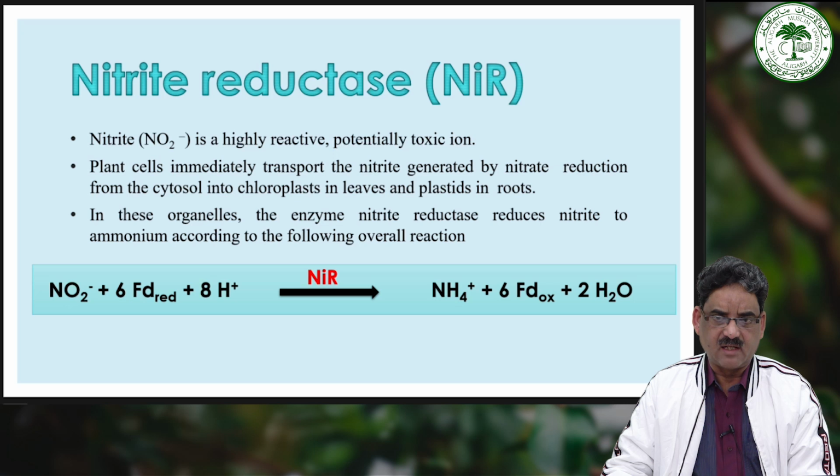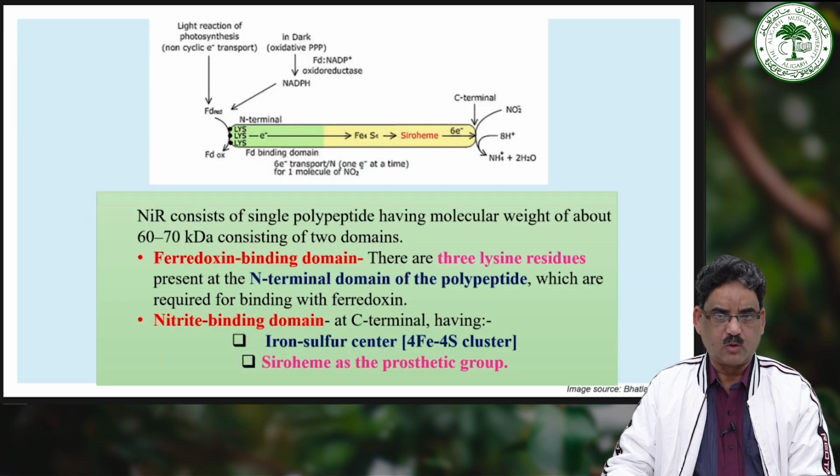Ferredoxin serves as an electron carrier in this reaction, shuttling electrons to and from the nitrite reductase enzyme. Through this process, plants efficiently manage and detoxify nitrite, ensuring the proper utilization of nitrogen resources for growth and development.